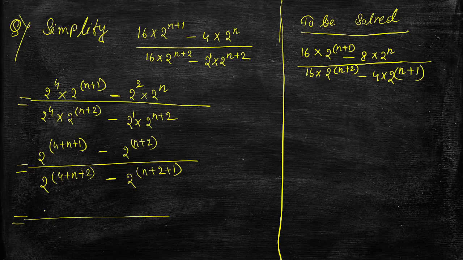So this is 2 to the power n plus 5, 4 plus 1 is 5, minus this is 2 to the power n plus 2. This is 2 to the power n plus 6 minus this is 2 to the power n plus 3.